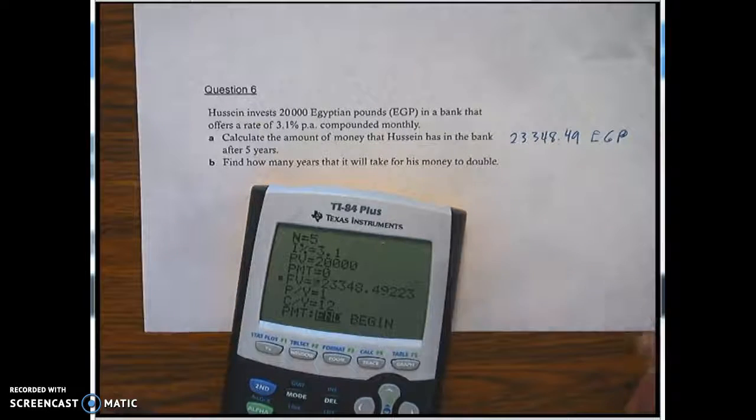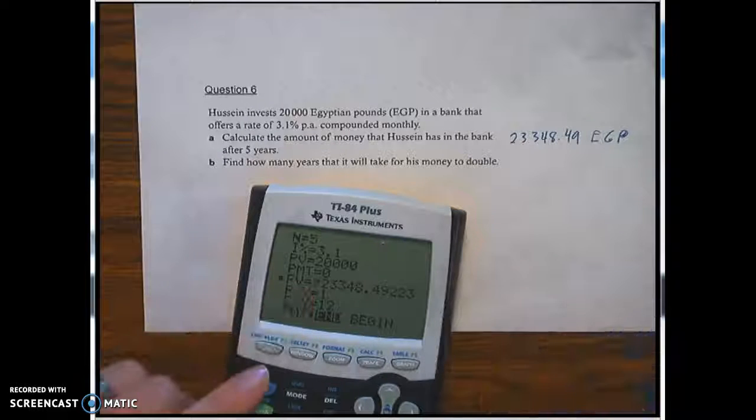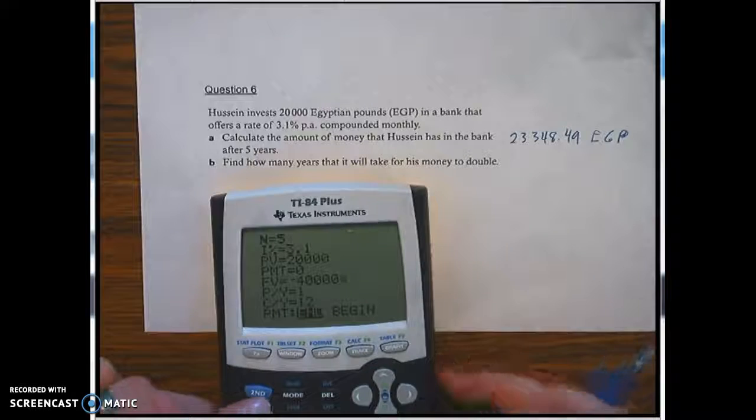All right. Last one we're going to do here. Find how many years it will take for his money to double. So instead of the future value being 23,000 here, we're going to change it to negative 40,000 because 20,000 doubled is 40,000.